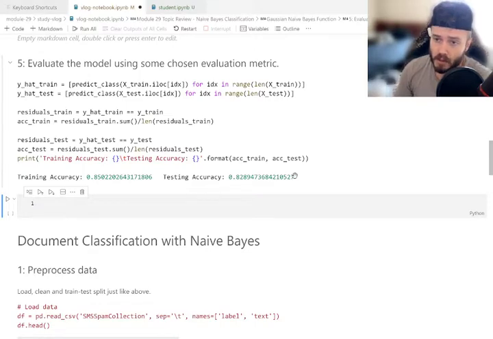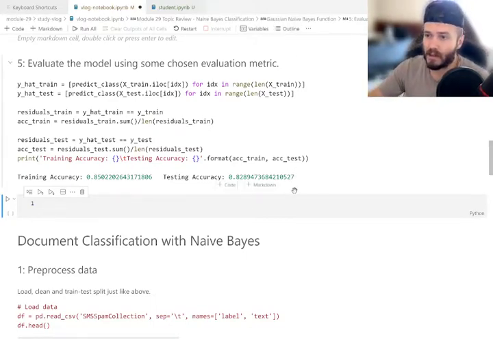But these are pretty close: 85% and nearly 83%. That tells me there's good randomness in the sampling of the training and test split, and it's not a bad model to start with at 85% accuracy.